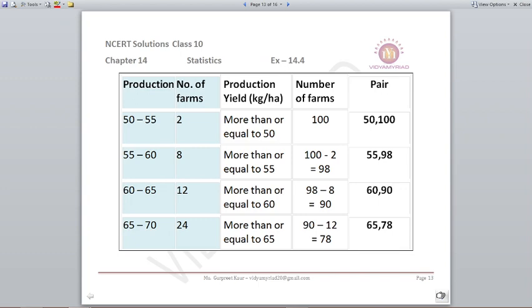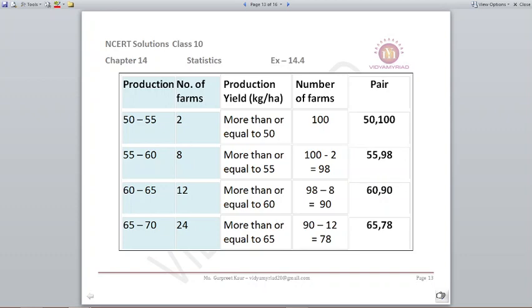Now the blue part is picked from the table. More than 50, if we see, what is the total number? More than 50, we will add all the frequencies. So more than 50 is the total number, that is 100. So more than 55 will be, how much? 100 is the total which we have, minus 2, which was for the previous. So we will subtract, we get 98.